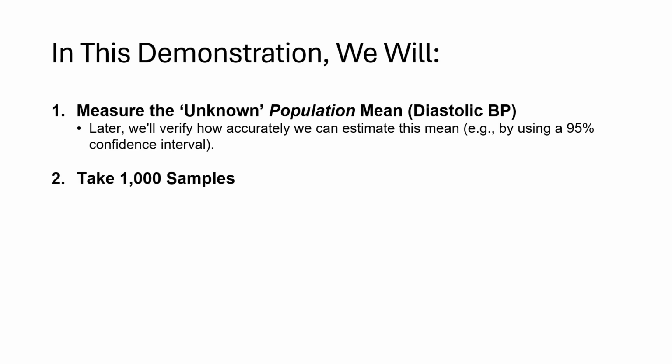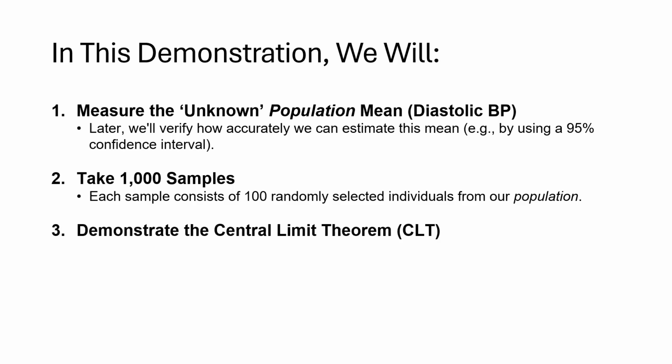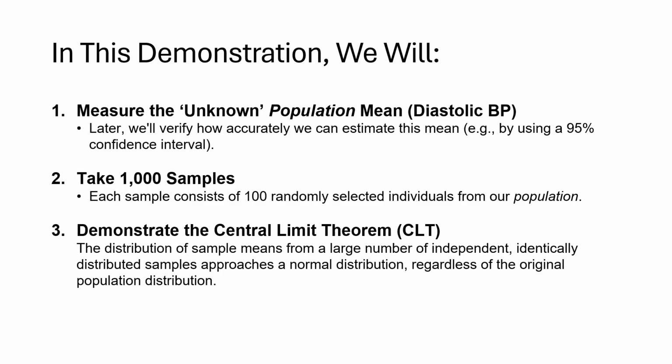Then we will take 1,000 samples, each sample consisting of 100 randomly selected individuals from our so-called population. And then we will demonstrate the central limit theorem, which states that the distribution of sample means from a large number of independent, identically distributed samples approaches a normal distribution regardless of the original population distribution.